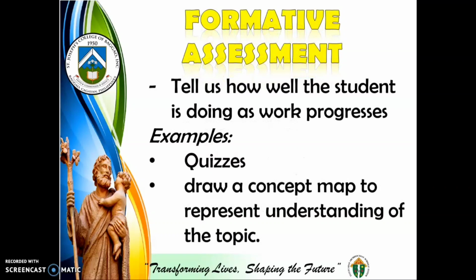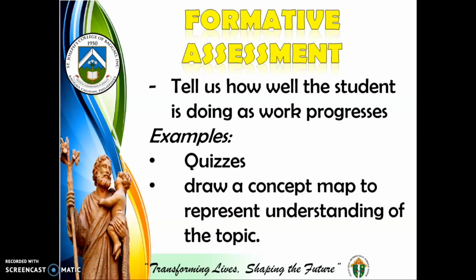The first one is the formative assessment. Formative assessment tells us how well the student is doing as work progresses. This allows the teacher to redirect and refocus the course of teaching a subject matter. Some examples of formative assessment include quizzes. For example, a teacher asks the learners to draw a concept map to represent understanding of the topic.